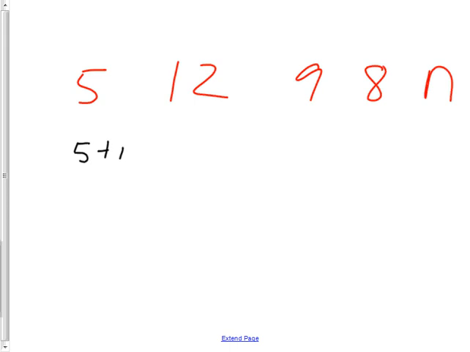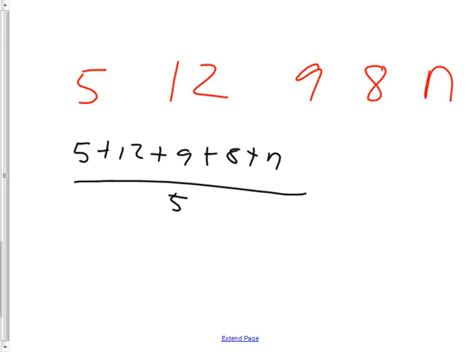So you'd say 5 plus 12 plus 9 plus 8 plus n all over what? 5 has got to be what? Not just equal to 10. Because your coach is not going to say, oh, you got 11 points a game, you don't qualify. Right? He's going to say 10 or better. So greater than or equal to 10.